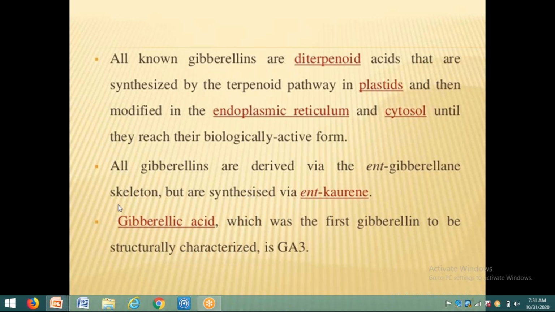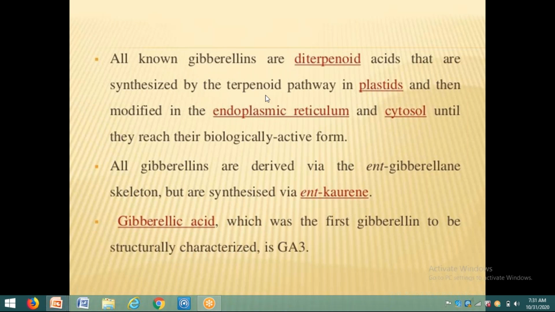Diterpenoids are a heterogeneous group of compounds which contain different numbers of carbon atoms. So they may be bicyclic, tricyclic, tetracyclic, pentacyclic, and so on. Gibberellins are diterpenoid acids and they are mainly synthesized by the terpenoid pathway.